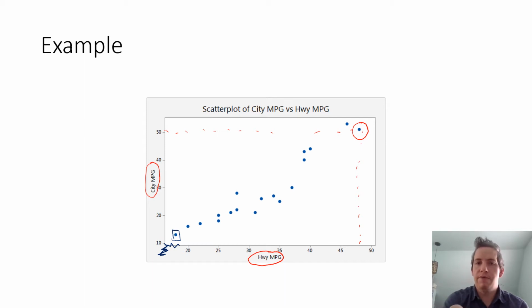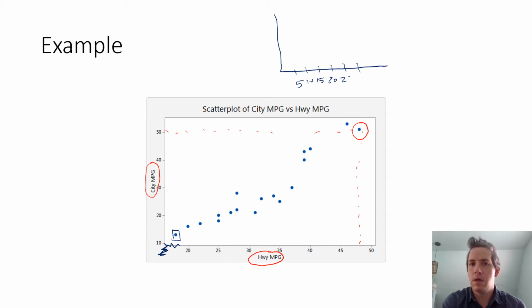If I was to draw this scatter plot, then that first value of 20, so if that's sitting at 20, I'll go 5, 10, 15, 20, 25, 30, if I went up by 5s, and then if I went up by 10s on the other one, 10, 20, notice what I'm trying to do is give it a nice even increment for my hash marks on this particular scatter plot.